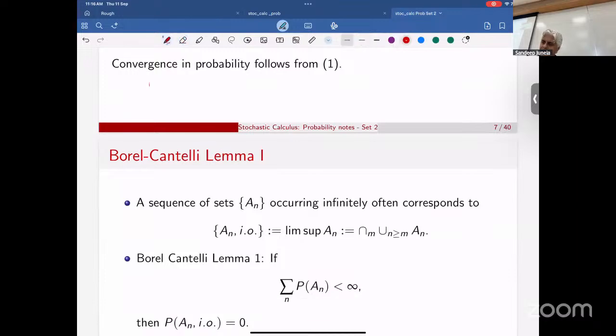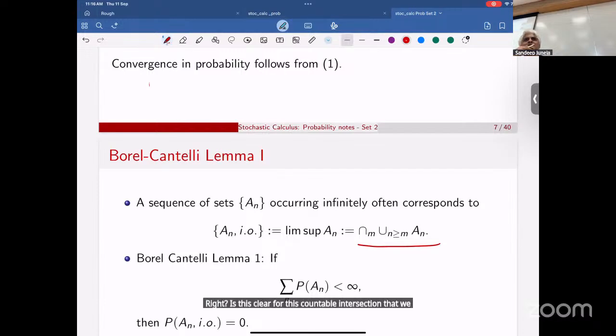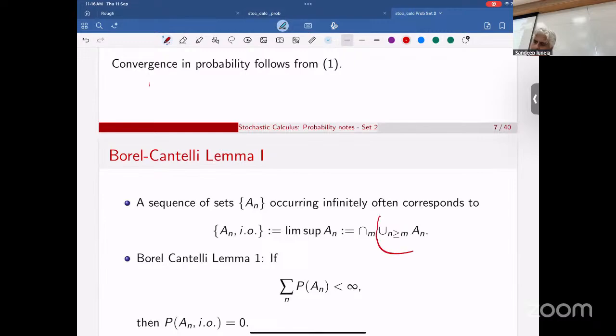Because of this countable intersection, for this to be 0, by continuity, what that means is the limit of this should be 0. This is a probability, and that limit should be 0. That will imply that the probability of the intersection is 0. Why should this be, and how does this follow? Can you see this?